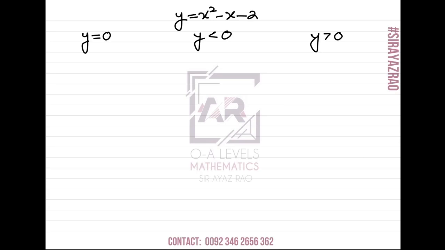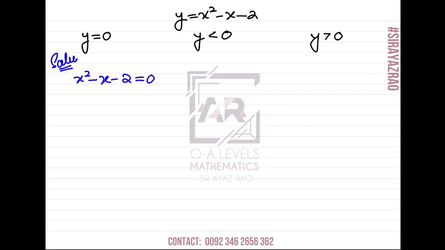See, they don't usually ask what is the value of x when y equals 0. They ask like this: solve the equation x square minus x minus 2 is equal to 0.